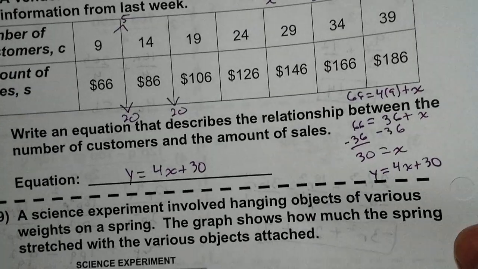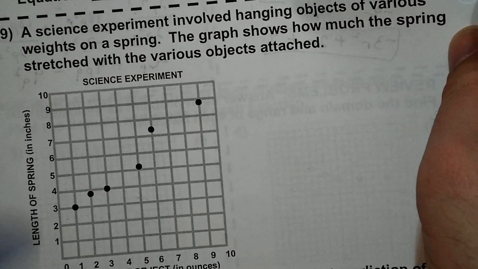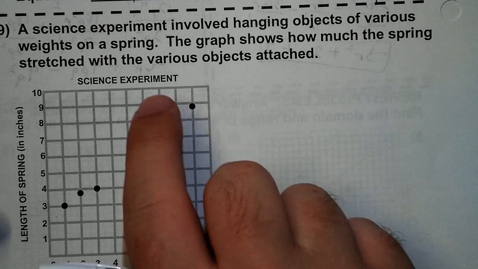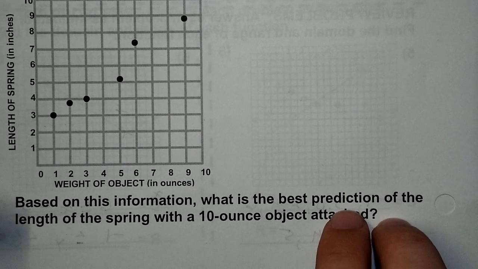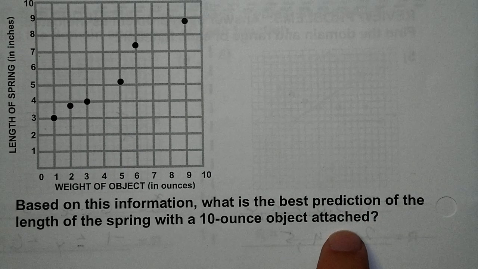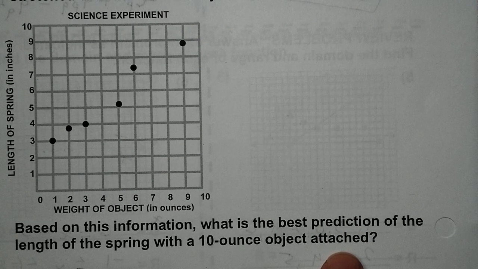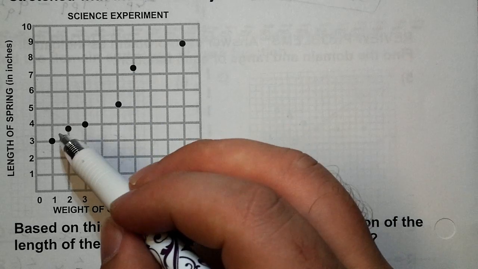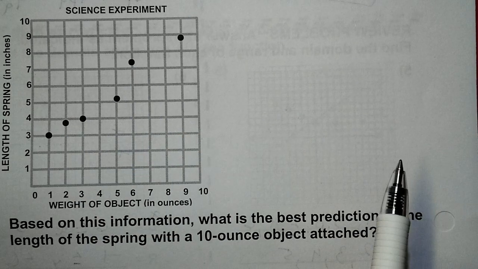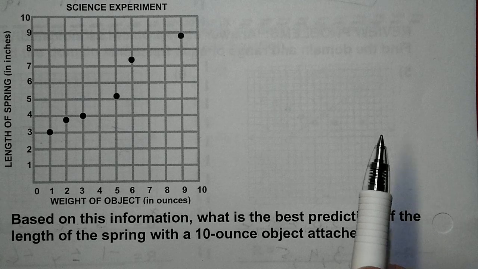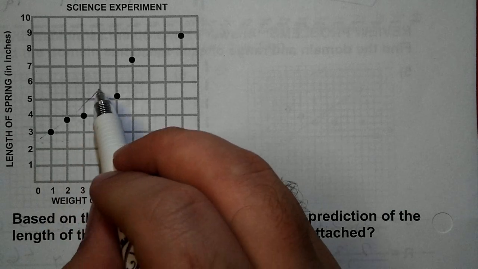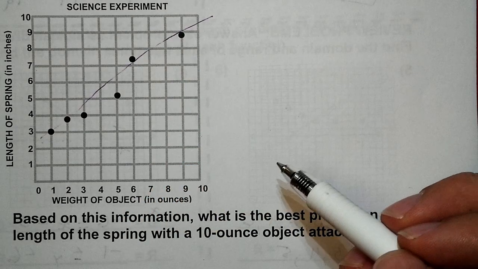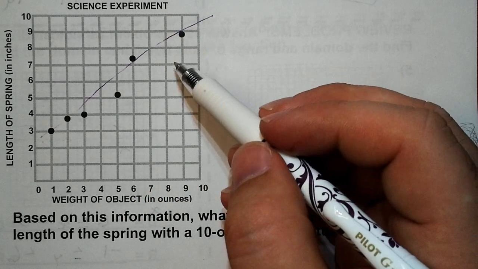All right, we've got one more. Number 9 says, a science experiment involves hanging objects with weights on a spring. The graph shows how much the spring stretched for varying object weights. Based on the information, what is the best prediction of the stretch of a spring with a 10-ounce object attached? Well, we could do this with the regression and plug in 10, but you guys do see a general trend right there. So I'd say it's got to be more than 9.